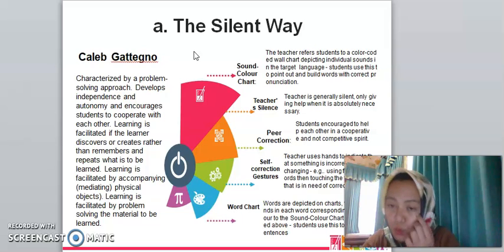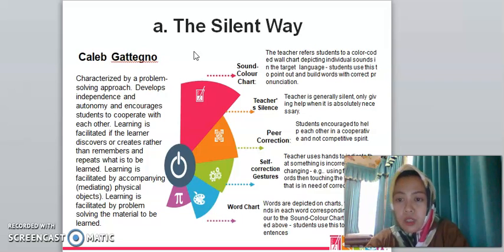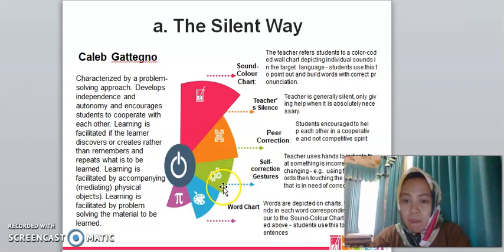There is no long or frequent communication in the class, but the teacher helps the student only when it's necessary. The teacher also uses gestures, using fingers as words, then touching the finger words that need correction.